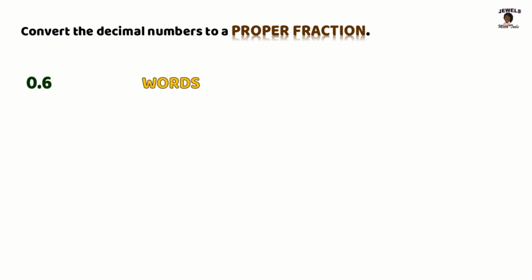It'll always be a 10, a 100, a 1,000. So that's the good thing about changing decimal numbers into fractional form. We'll always have the denominator of a 10 unless we have to simplify the fraction, and then in that case it would change. So my decimal number in its word form would be six tenths.